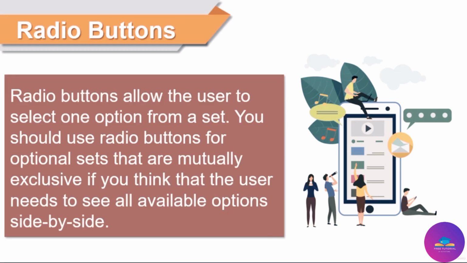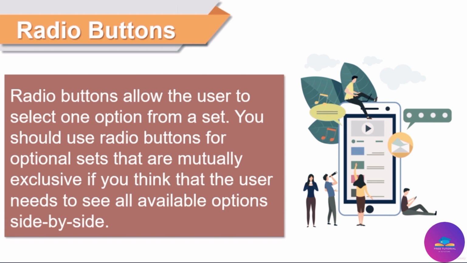Radio buttons. Hello, everyone. I want to talk to you a little bit about radio buttons for this video. Radio buttons are similar to checkboxes that we spoke about in the last video. Radio buttons are inside a group, and the user can choose one option from this group, one option only.